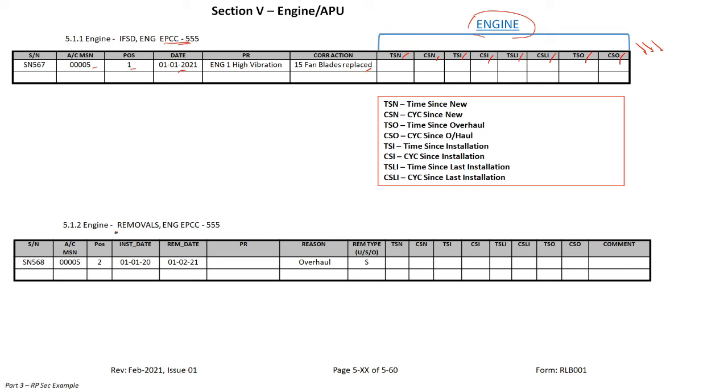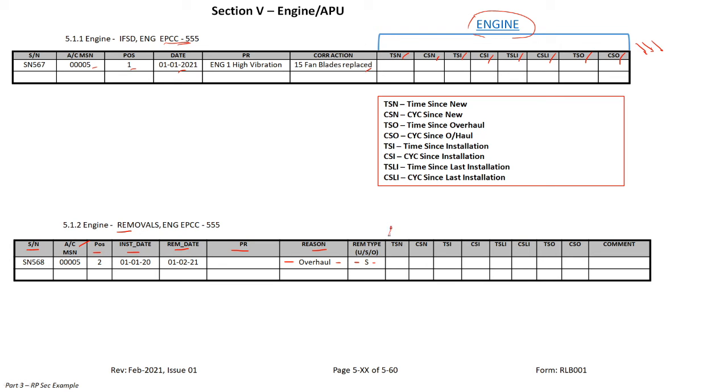It is all about engine removals. Again, we have here engine serial number, aircraft manufacturer serial number, position, installation date, removal date, problem reported, reason, overhaul, removal type: unscheduled, scheduled, other. Definitely, if this item was removed to be sent for overhaul, shop visit, then removal type is scheduled.